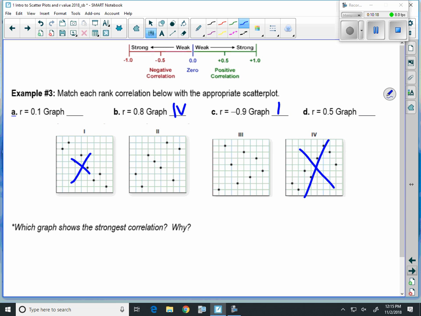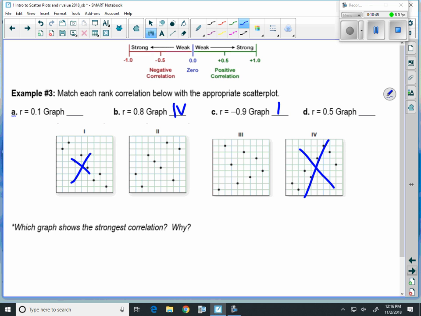Now we got these two left. They're pretty rough. Here's what I would do. I would see, are we looking for positive or negatives? Well, 0.5 and 0.1 are both positive. I would look at which one is the least like a line. What do you think? 3. Yeah. Because look at this.